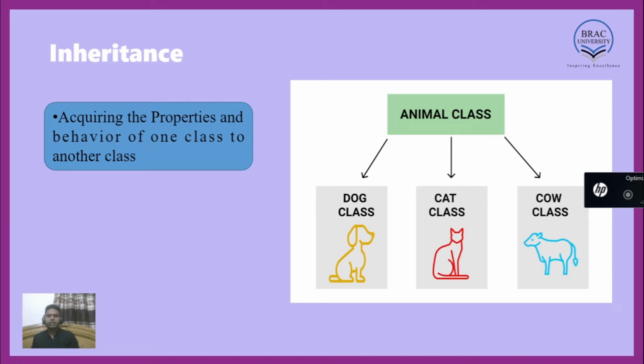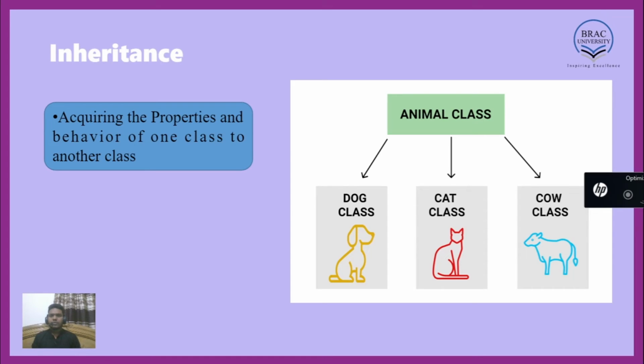Suppose we have an animal class. Every animal has some common attributes and behavior. For example, they have blood, color, eyes, they can have legs, tails, everything, and they have some common behavior. For example, they can eat, sleep, walk. So when we are creating dog, cat, or cow classes, we can put only the specific behavior for dogs in the dog class, only the specific attributes and behavior for cats in the cat class, and we can acquire the common behavior and attributes from the animal class.